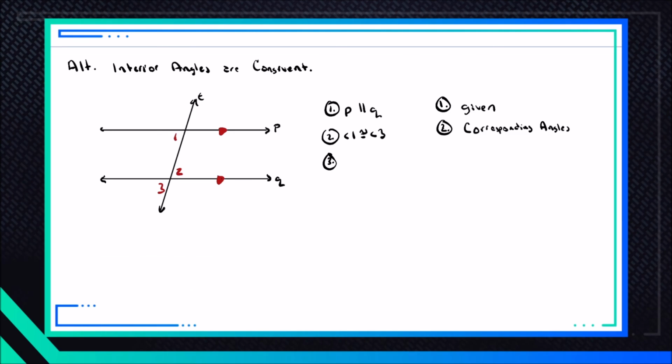I just need to redraw all of that. And that's because those are vertical angles. So by the transitive property, if 1 is congruent to 3, and 2 is congruent to 3, then 1 must be congruent to 2. And those angles 1 and 2 are alternate interior angles. They are congruent, so that is the transitive property proving that.